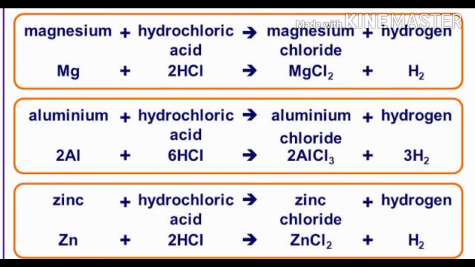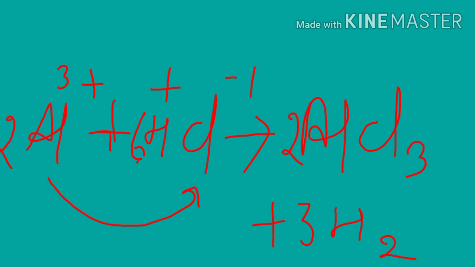Let us see the reaction which is taking place here. You can see here the second reaction: aluminium reacting with hydrochloric acid, giving aluminium chloride and hydrogen gas. Let us see how this reaction takes place.